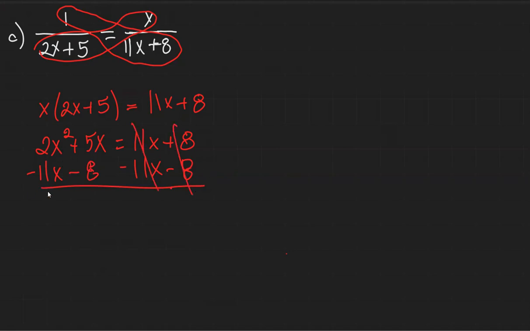Over here, these are not like terms. 5x minus 11x, I get 2x squared. 5 minus 11, that's negative 6x. 0 minus 8, that's negative 8. And now on the right-hand side, we have equals 0. We got our good old equals 0 on the right, so let's see if we can factor this.